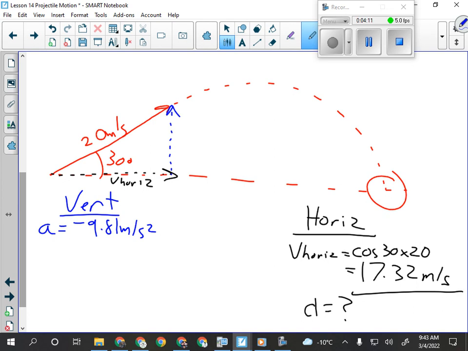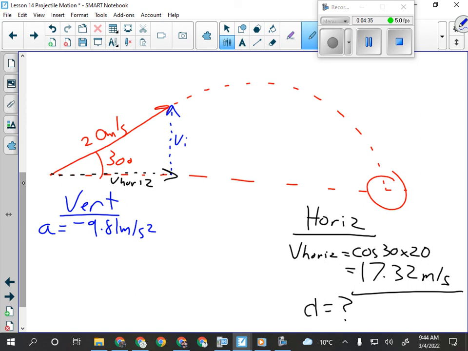Okay. All right, here's the other thing I know. This 20 meters per second has a vertical component, but the object's accelerating vertically. So if I calculate this side of the triangle, this is going to tell me my initial vertical velocity. It's going to tell me how fast the person was moving vertically at time 0. After that, it'll be a different number because gravity will be acting on him.